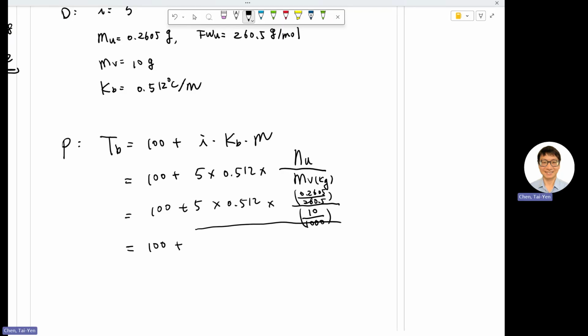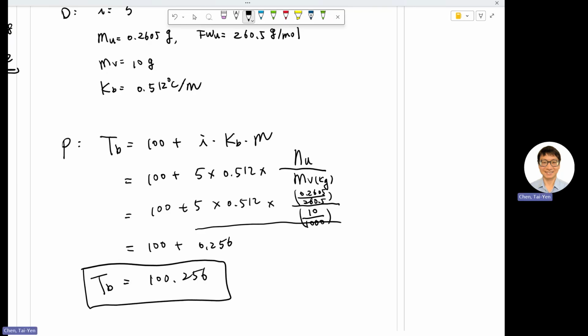You push your calculator, you should get a number of 0.256. Therefore your final temperature is 100.256 degrees C. So that will be the final boiling point after you dissolve all this solute into your solvent. All right?